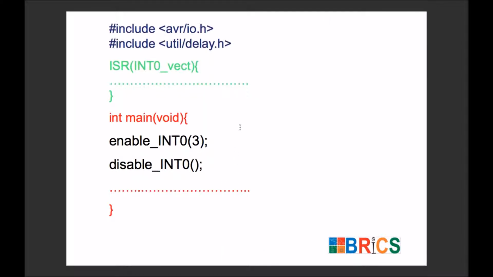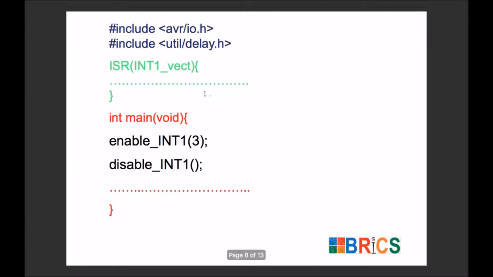So whenever there is a change from 0 to 1 on pin number 16 of your microcontroller, this ISR will run. Otherwise, the code written inside your main function will run. This function disable_int0 is just for display. In general, we never use this function, but sometimes we may want to disable the interrupt for some specific duration. In that case, we can use this function to disable int0.